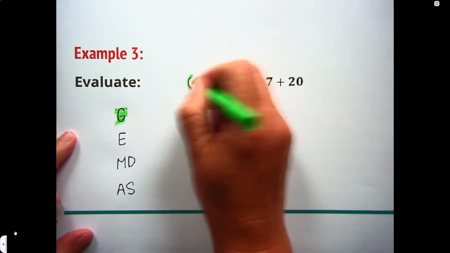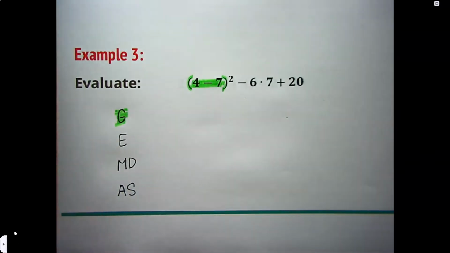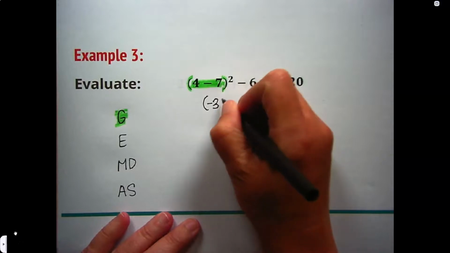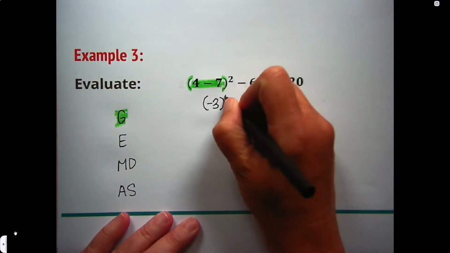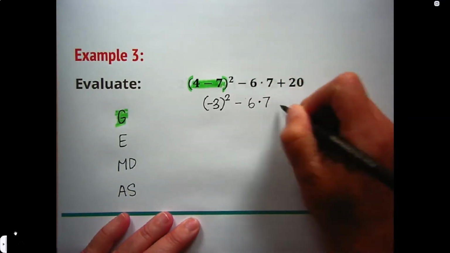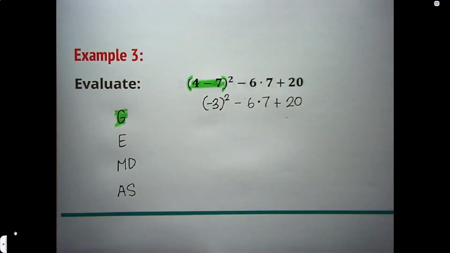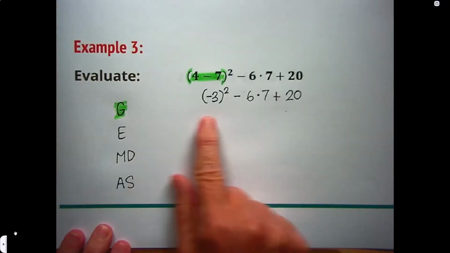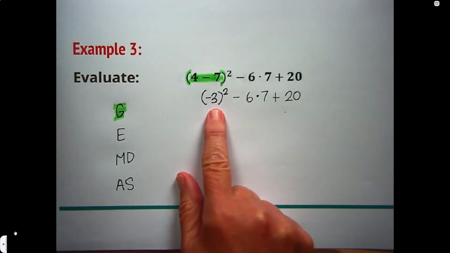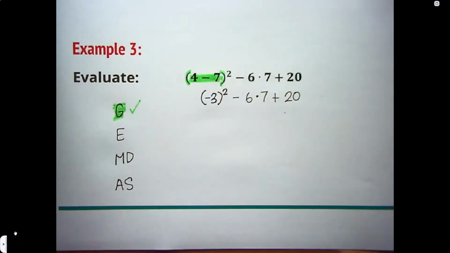So I'm going to do what is inside of my grouping symbols. 4 minus 7. 4 minus 7 is a negative 3 squared minus 6 times 7 plus 20. All right, any more grouping symbols? Well, I still have parentheses, but there's really nothing to do inside. There's only a number inside of there. So grouping symbols, I think, are finished.